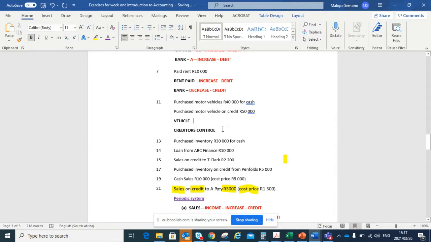Please quickly classify for me what is vehicle to us, but I think you gave me already. So I'm going to say asset, and then this one is going to be a liability. Please tell me whether the assets are increasing or owner's equity are increasing and under which side. Please try.